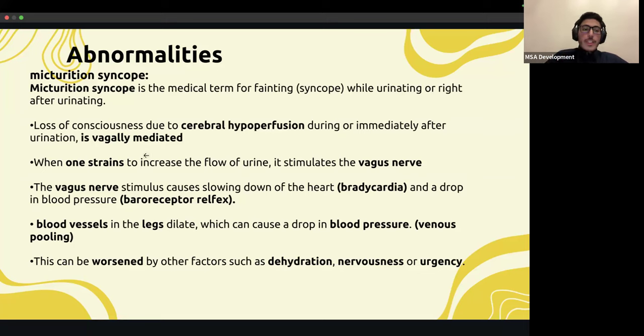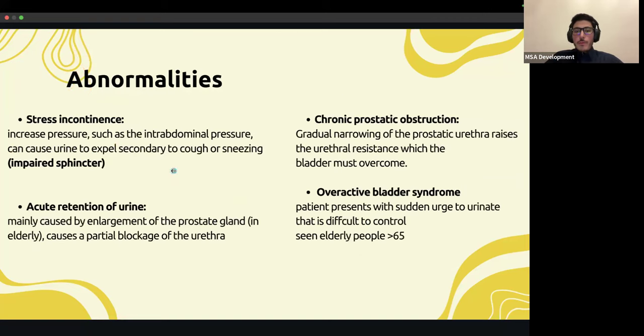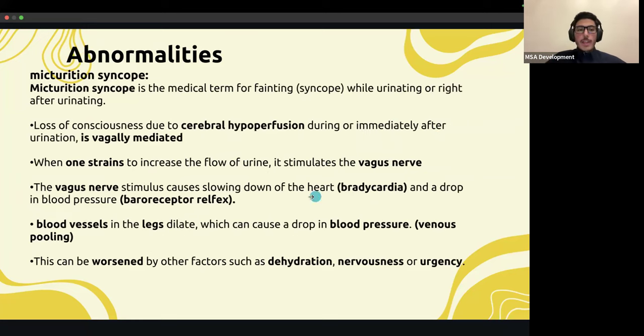So when one strains to increase the flow of urine, let's take the example of a patient having chronic prostatic obstruction. He has a decrease in the urine flow, so he needs to apply more force to increase pressure to overcome that. So this patient, let's say 70 years old, is applying more force to increase the flow of urine.